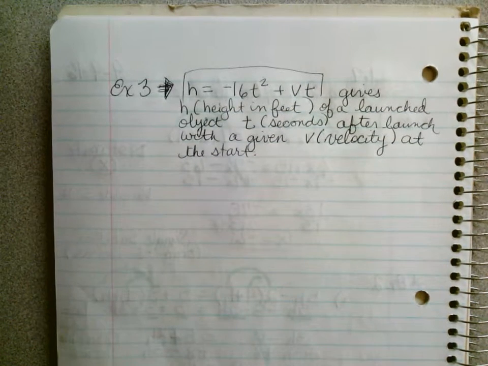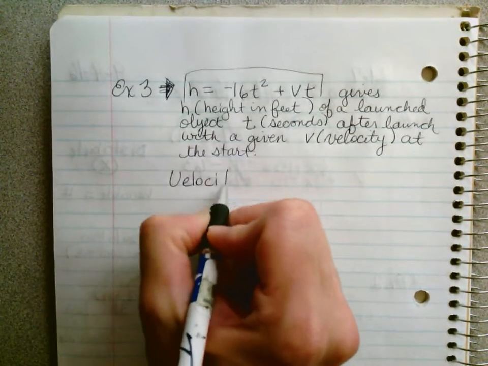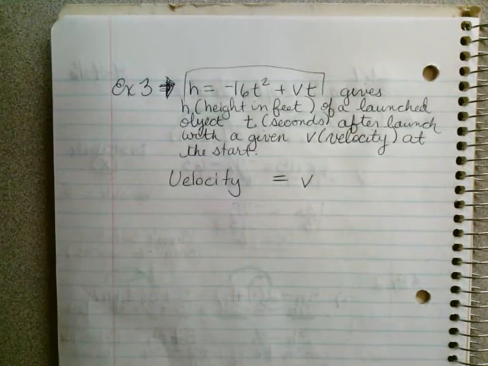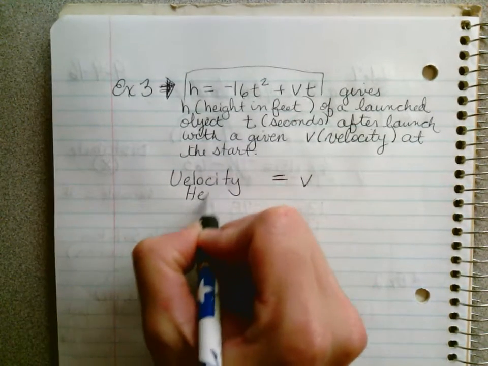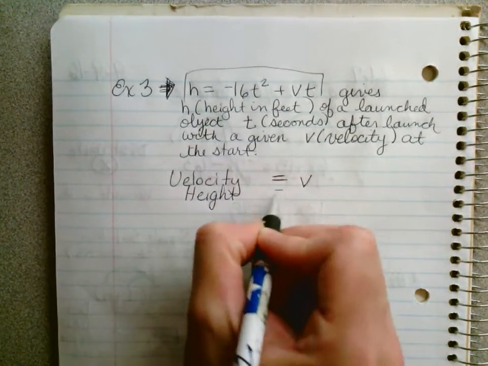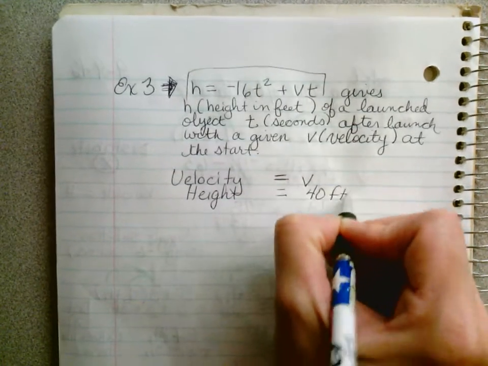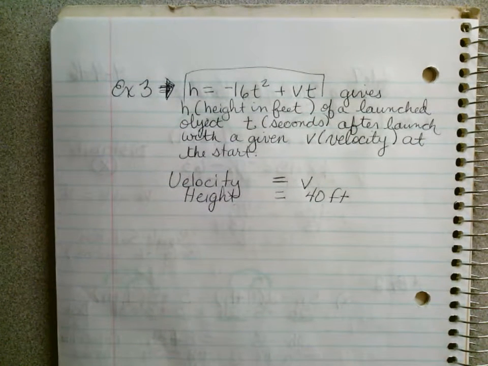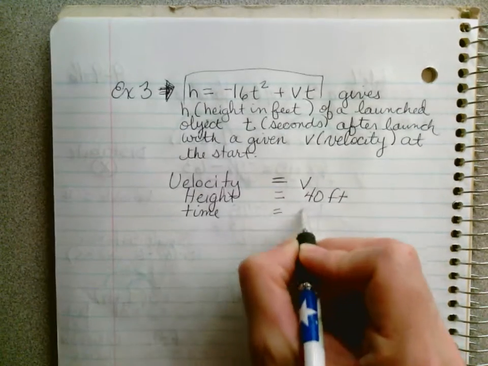But here we go. Example 3 says, a model rocket launched with an initial velocity of v. Sounds like that's my unknown. And it gets to a specific height, h, of 40 feet after 2.5 seconds. That sounds like time to me.